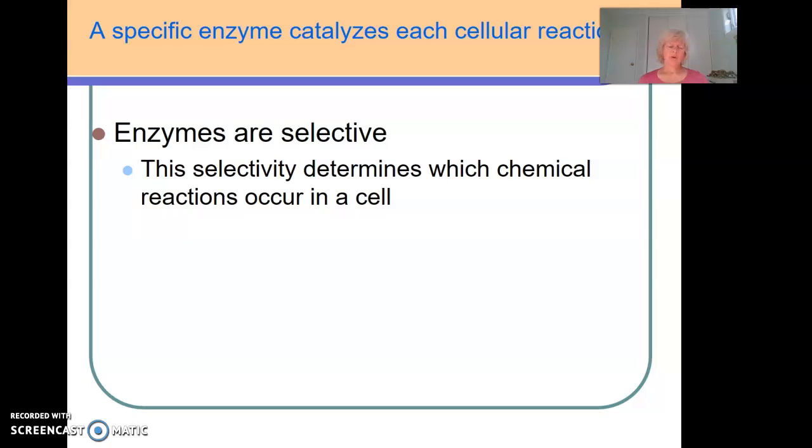So a muscle cell will contain different enzymes than a liver cell or a brain cell. Depending on the type of reaction that needs to happen in each cell, it will hold a different set of enzymes.